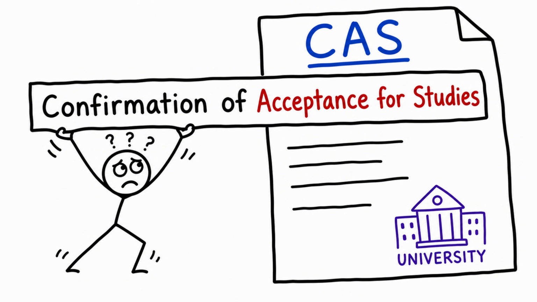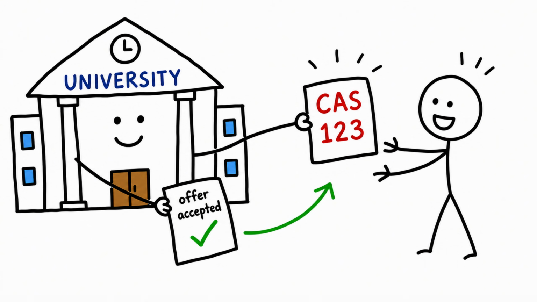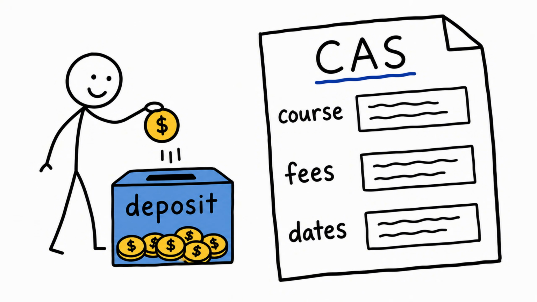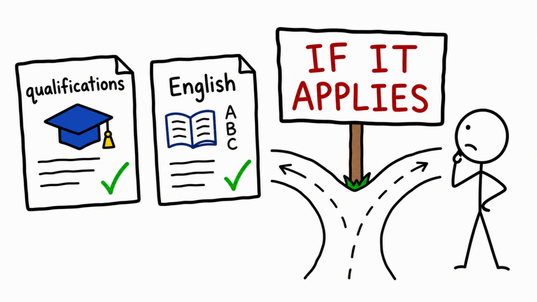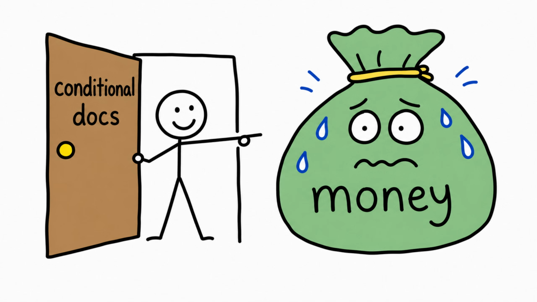It stands for Confirmation of Acceptance for Studies, and it's basically a reference number your university gives you once you've accepted an unconditional offer and met their conditions, usually after you've paid a deposit. What it does is record your course, your fees, your course dates, and the documents the university has already checked, like your qualifications and your English. Everything else I'm about to go over is conditional, meaning you only provide it if it applies to you.